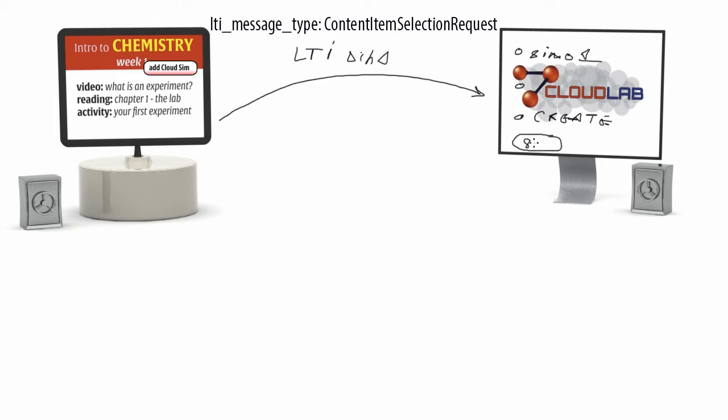So when you press submit now, it returns back here, and the content item that's posted back now contains the custom parameters. And its custom parameters might be, for example, the simulation ID.